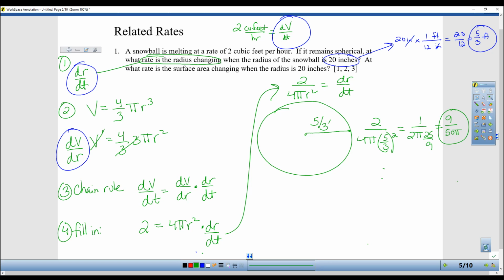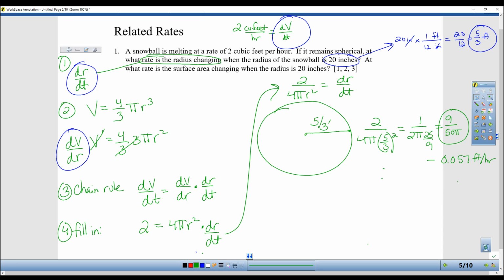That's the rate at which the radius is changing. If you were to actually make that into a number, it would be negative 0.057 feet per hour. Notice that the volume is in cubic feet, but the radius is just in feet.